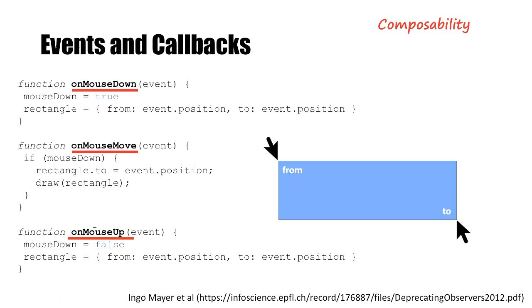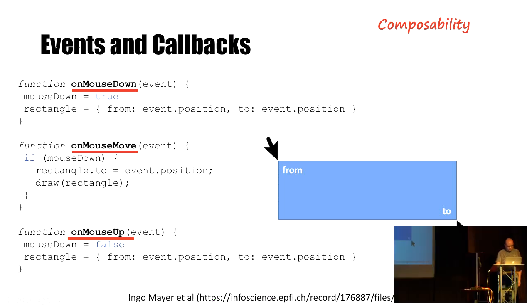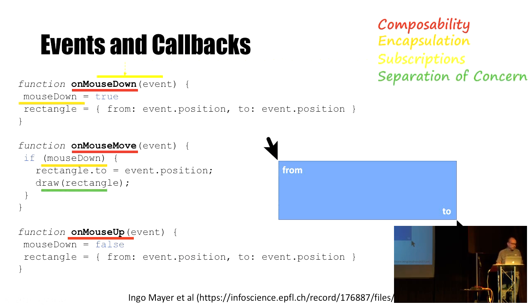It's not component-oriented. It doesn't have much encapsulation. It's most often relying on global variables. It's relying on subscription, therefore you have to subscribe and unsubscribe to events, and that's a little bit iffy. Separation of concerns is really not that great because you start drawing some elements of the user interface within the event handler.